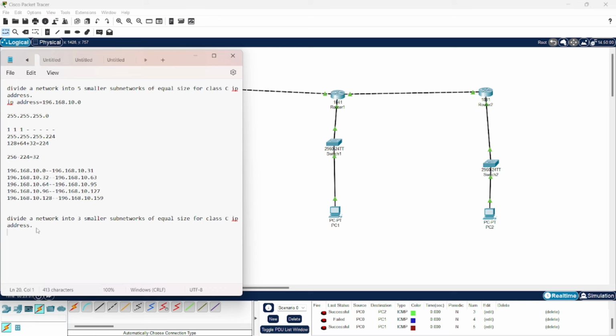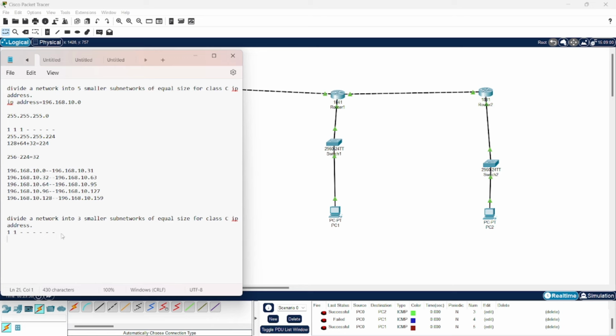But now we have to divide into three smaller subnetworks. So a number that is just greater than 3 and is a power of 2 is 4. That is 2 raised to the power 2. So in the host bits, we will reserve the first two bits and the rest 6 bits would be a part of the host ID.